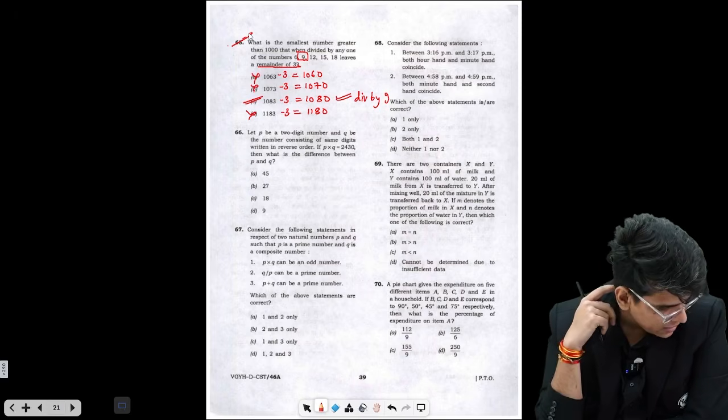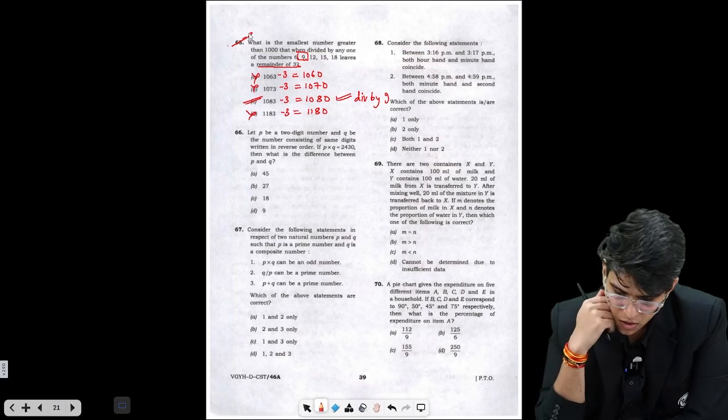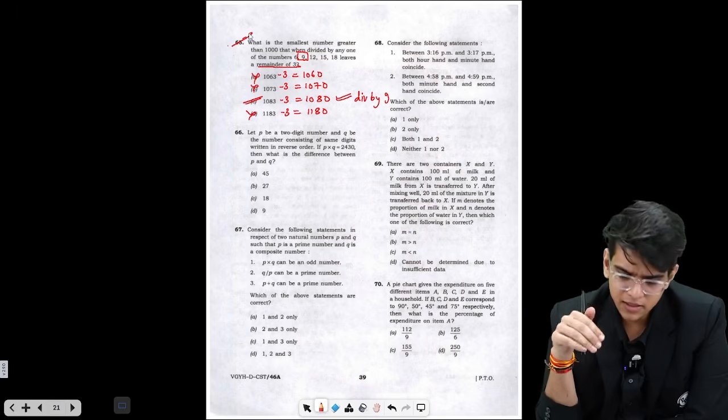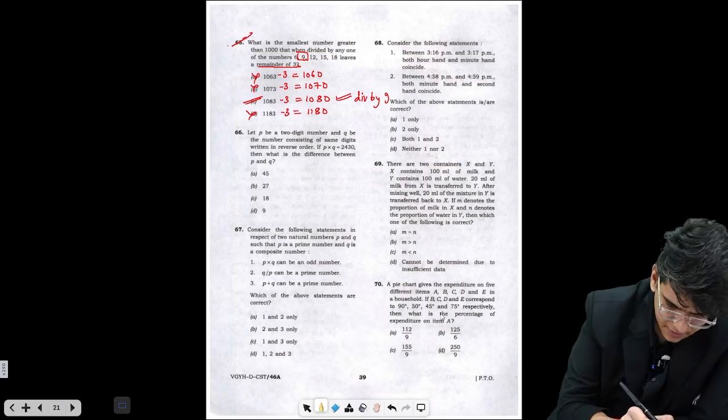Now question number 66 is based on representation of number. So there are multiple methods. How I solve it is, question number 66.